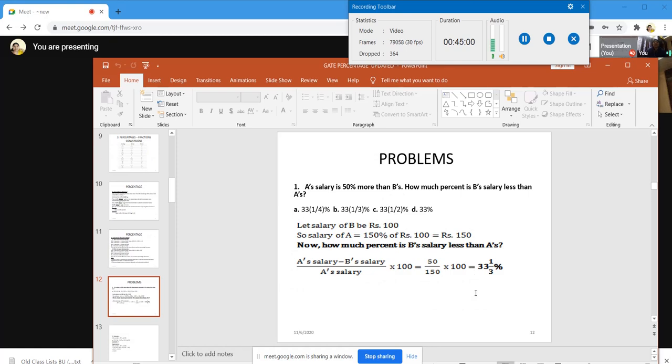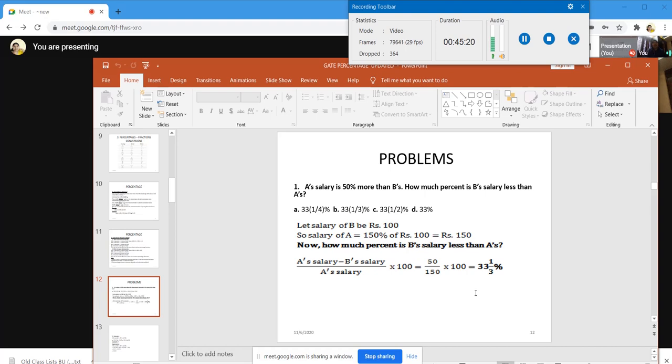Okay, so come to the first one. A's salary is 50% more than B. How much percent is B's salary less than A's? Okay, right. Let me consider B's salary is 100.